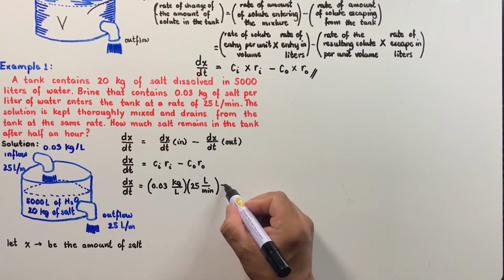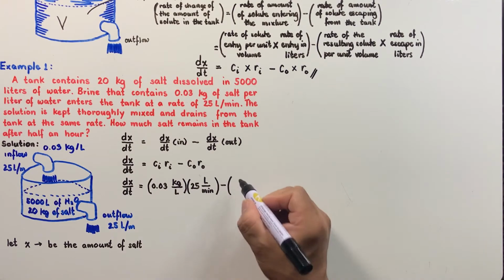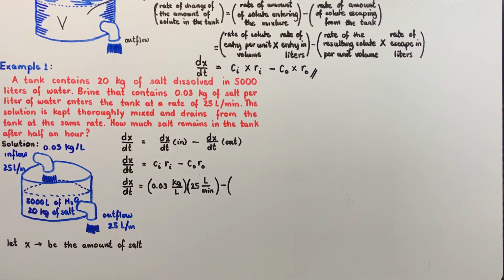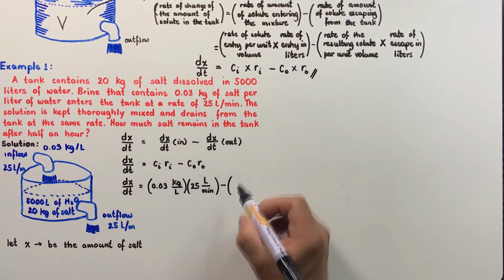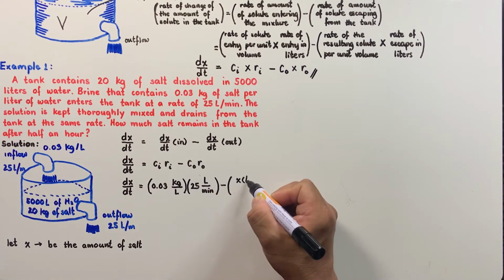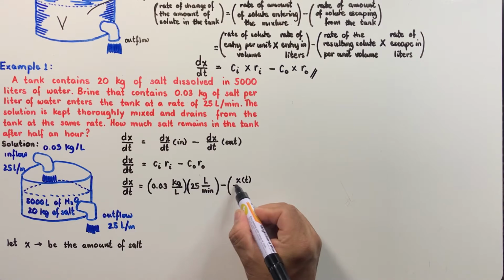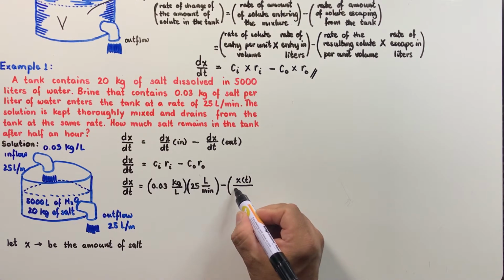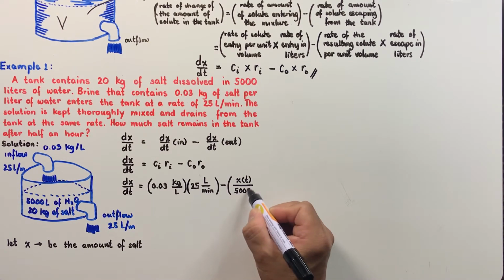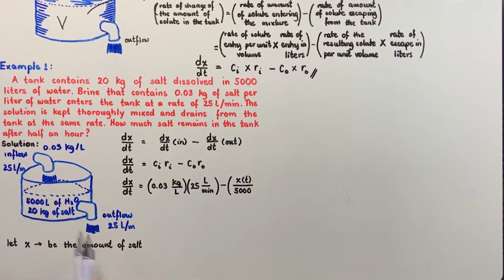And take note that the salt in the mixture inside the tank at any time t can be represented by x of t per unit volume. But we know that the volume is constant. Why? Because the rate of inflow is the same as the rate of outflow. So all the time, the volume of the mixture inside the tank is constant.